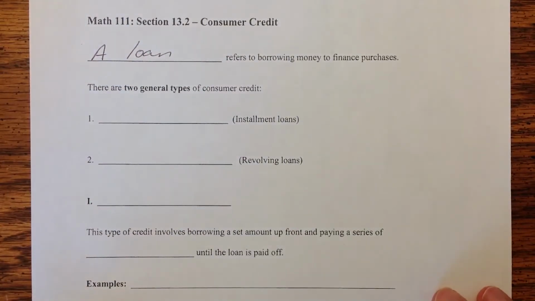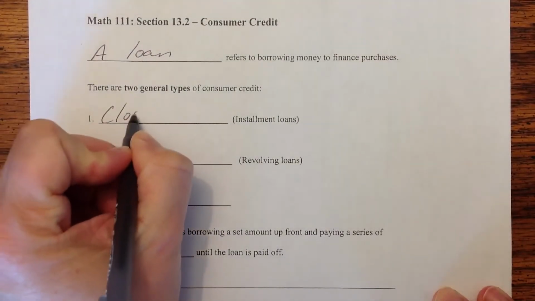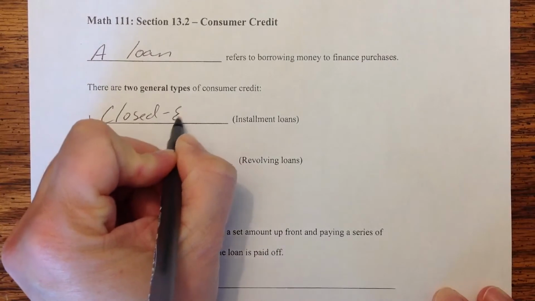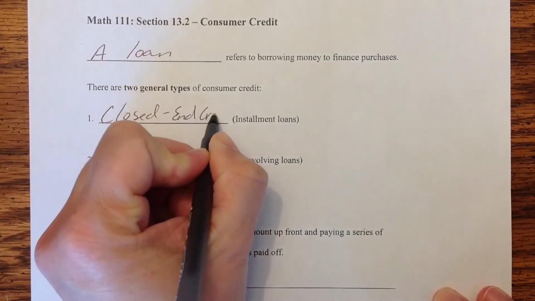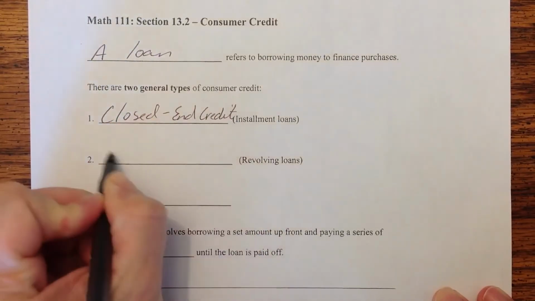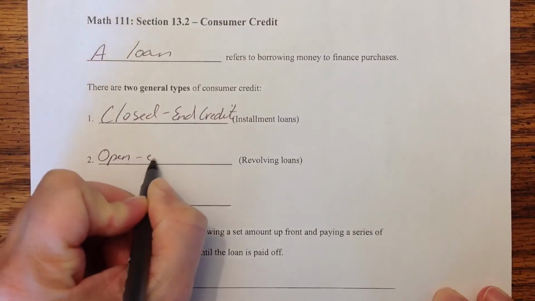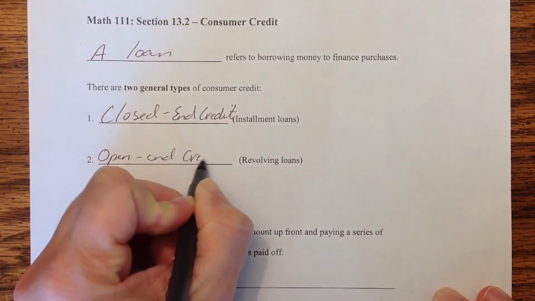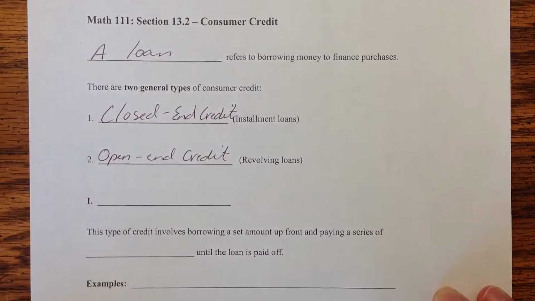And there are two general types of consumer credit: closed-end credit and open-end credit. So we're going to start by talking about closed-end credit.